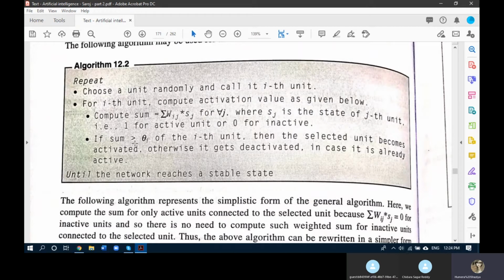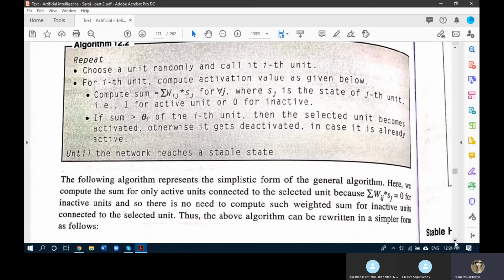And if sum is greater than theta of i, theta is in this case the threshold value, and this repeatedly occurs until the network reaches a stable state.